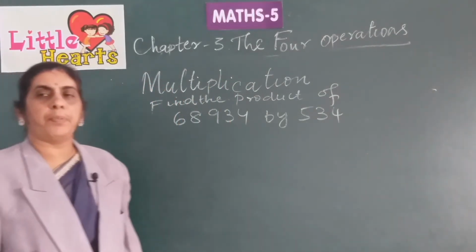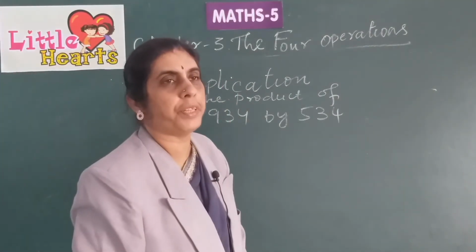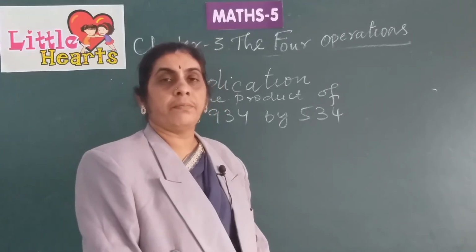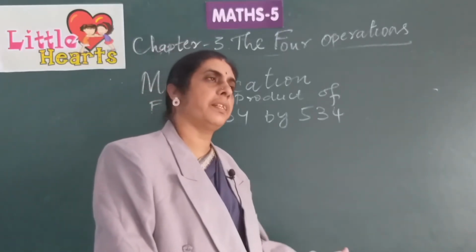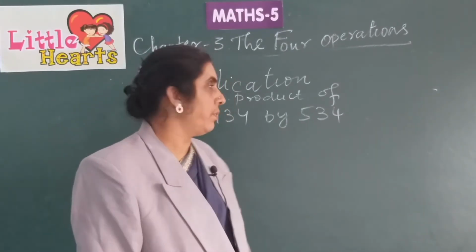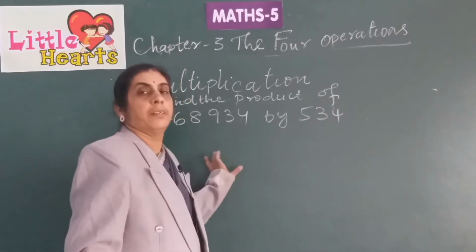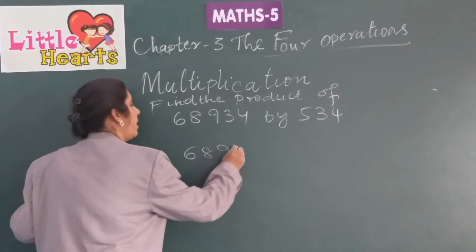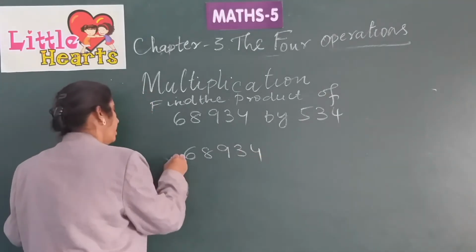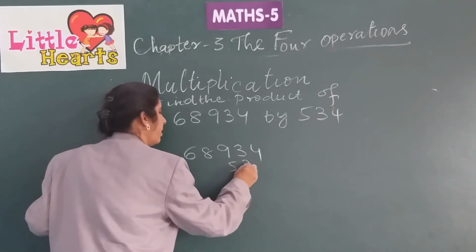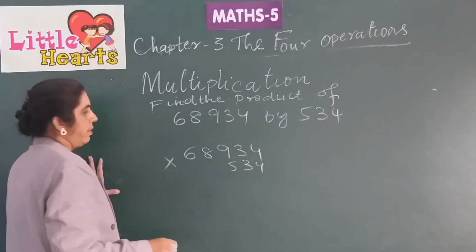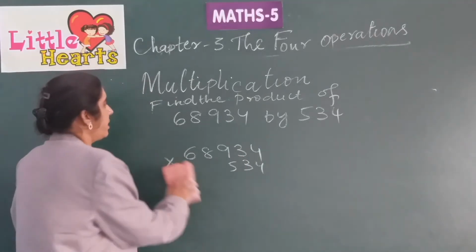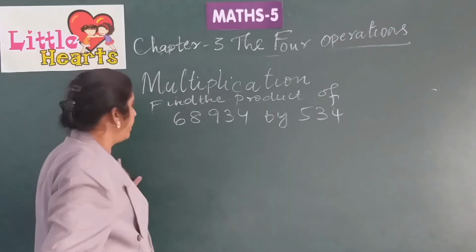Children, to do multiplications, you have to be thorough with the tables from 1 to 9 first and then 12 to 20. First you should be thorough with 1 to 9. This is a 5-digit number multiplied by a 3-digit number.